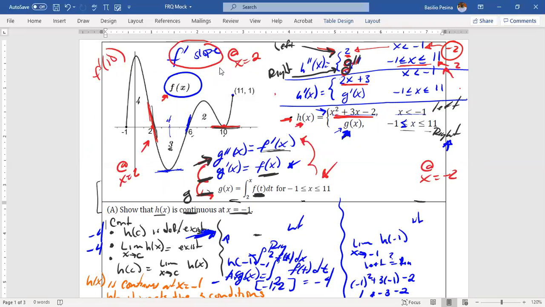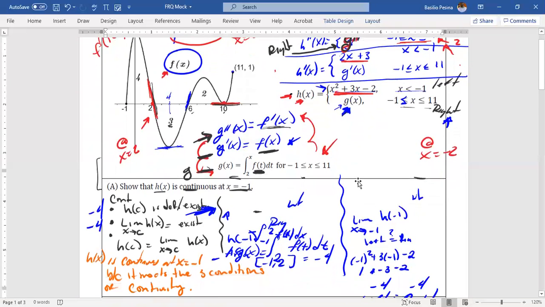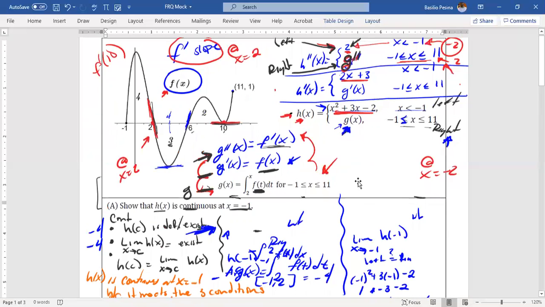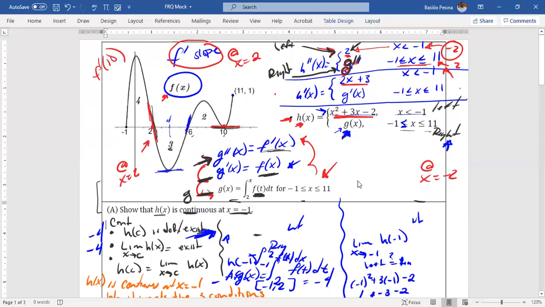Okay. And they're just asking you to list them from least to greatest. So they're not telling you exactly what the slopes are. The only slope we were able to find is this one right here. 10 was horizontal. So that was 0. The only one we couldn't find is at 2 because it's just a slope down.